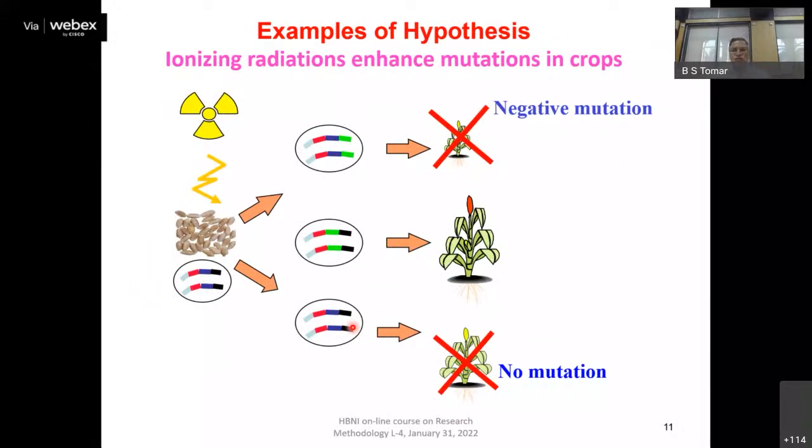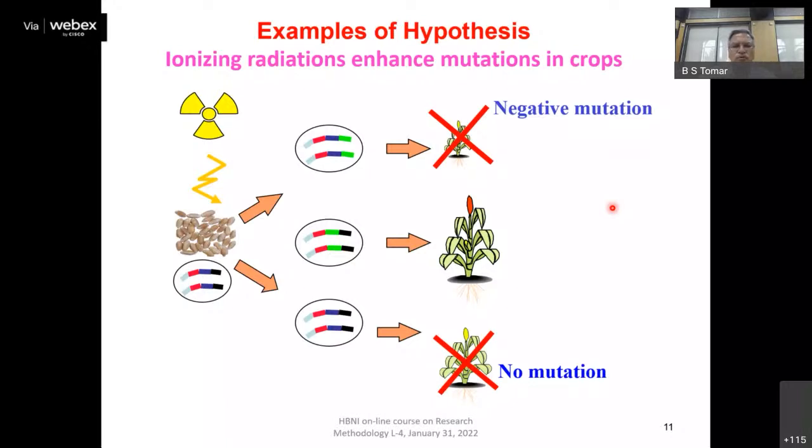Okay, so I give you a couple of examples of hypothesis-driven research. Our biology friends may know about this aspect. Like this hypothesis says, ionizing radiations enhance mutations in crops.